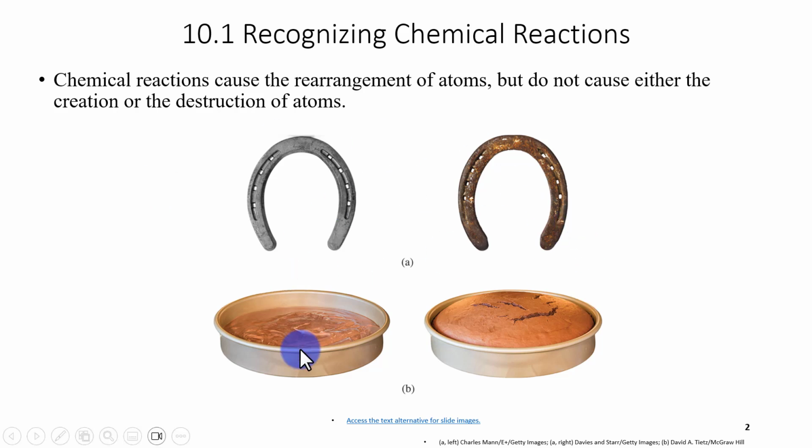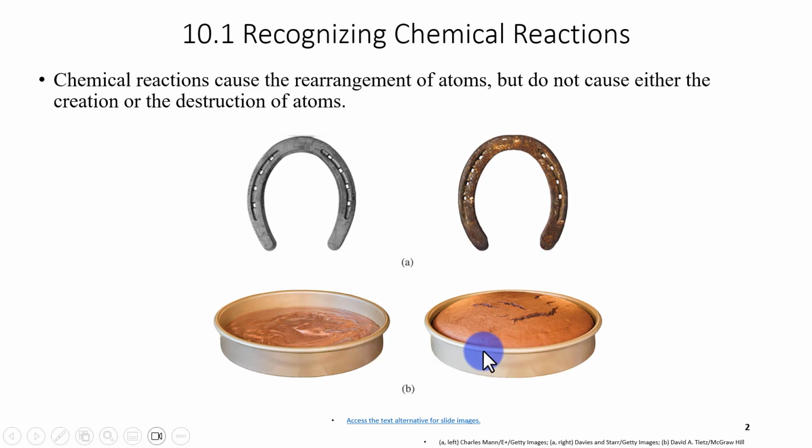And you can see here we have two different reactions that are occurring, chemical reactions. We all have seen rust. What happens to iron? It rusts. It forms a completely different compound that has different chemical and physical properties, and that looks different than when we started.